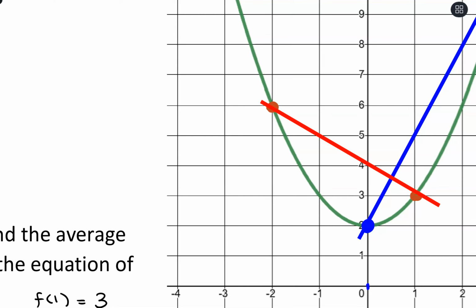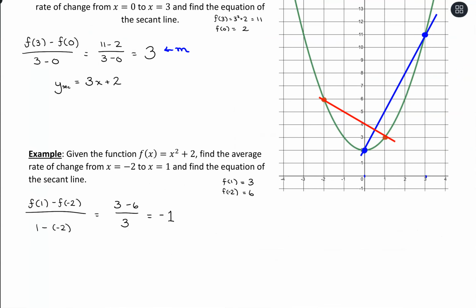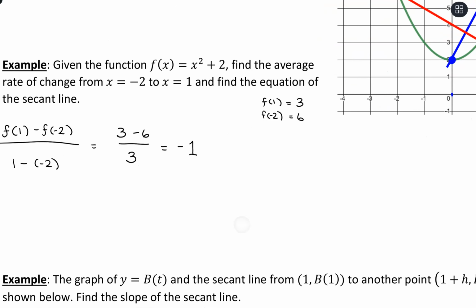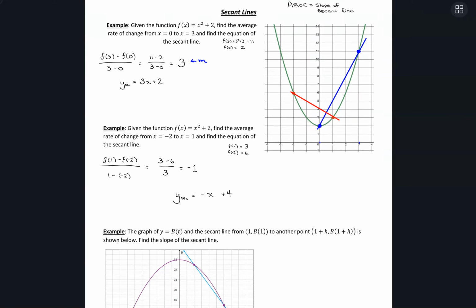And if I want the equation of the secant line, then what we would have is that slope, and it looks like we're going through 4 on the y-axis. So my equation for the secant line will be -1 times x plus 4. So that's how the average rate of change connects to our graph. It's just coming through as that slope of the line between those 2 points.